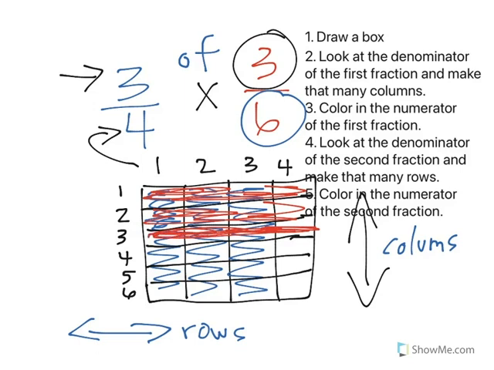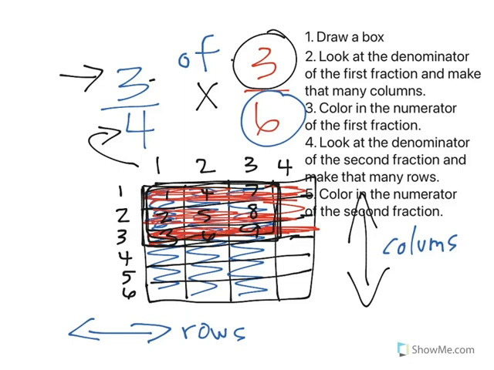All right, now we look at the boxes that have the fraction of both colors in them. And in this case, we have 1, 2, 3, 4, 5, 6, 7, 8, 9 boxes. And if you look, 3 times 3 is 9. So 9 boxes are colored.